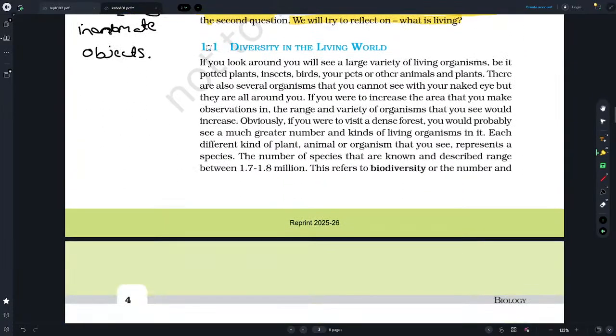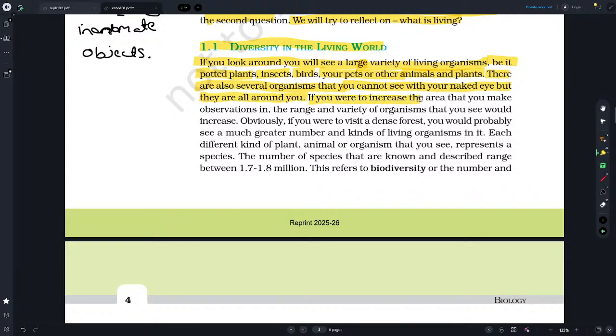Let's start with the first main topic, diversity in the living world. If you look around you, you will see a large variety of living organisms, be it potted plants, insects, birds, your pets, or other animals and plants. There are also several organisms that you cannot see with your naked eye, but they are all around you.